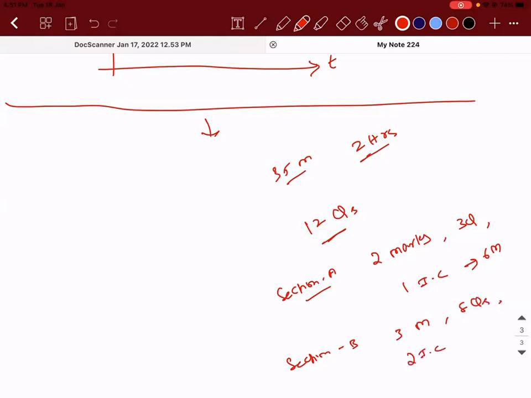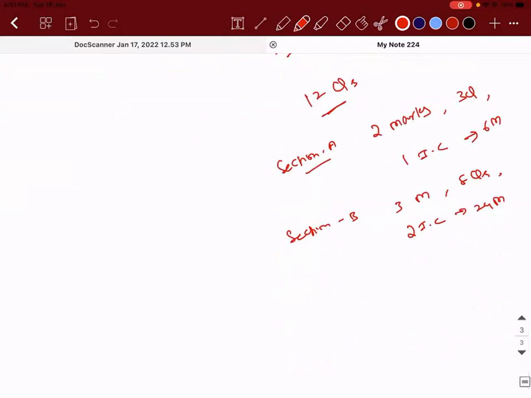So 2 questions will have internal choice among them. This sums up to 24 marks. Section C consists of 5 marks and 1 question with no internal choice. This sums up to 5 marks. So 5 plus 24 is 29, 29 plus 6 is 35 marks.